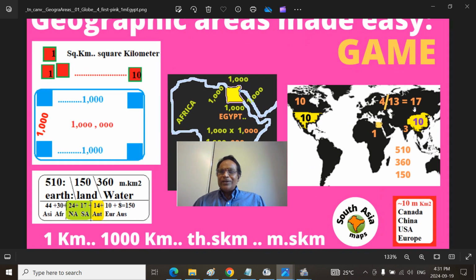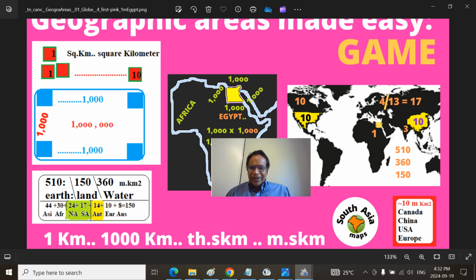Russia is much bigger. It has 13 units east of the Urals and 4 units west of the Urals in Europe, 17 units, 17 million square kilometers. That's exactly the size of South America, south of the Panama Canal. If you keep that in mind, you will get everything very easily.